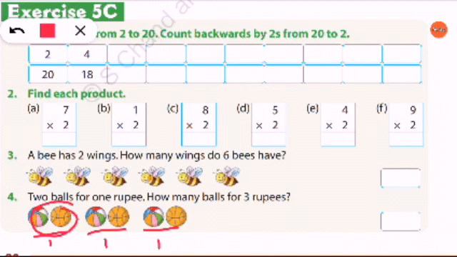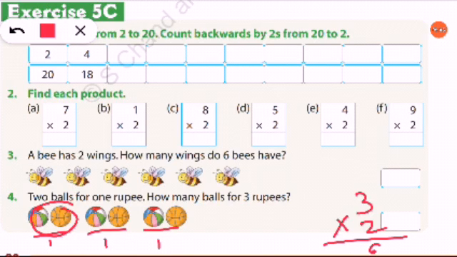So how many will come in 3 rupees? What we will do is 3 into 2. How many balls will come in 3 rupees? So 2 threes are 6. So your answer is 6 balls. That means in 3 rupees we will get 6 balls. Have you understood? You do not multiply by 1.